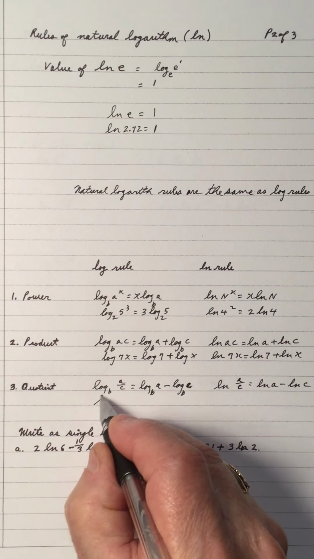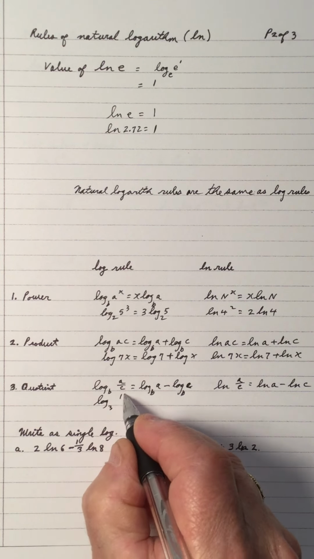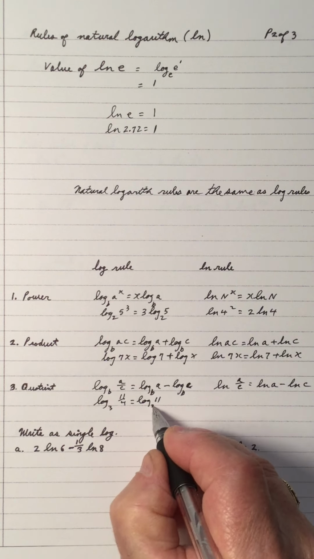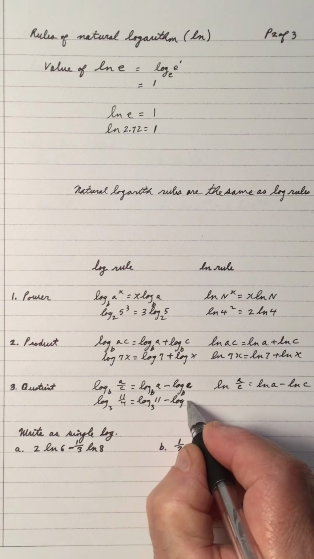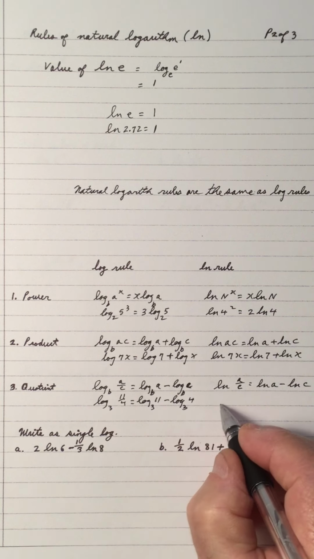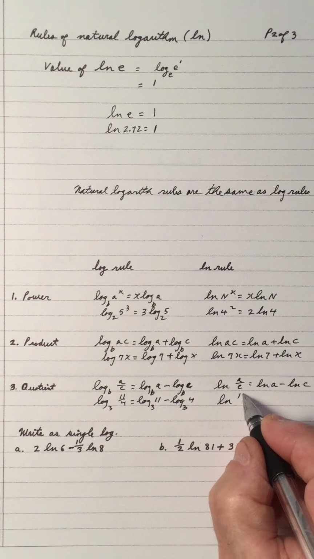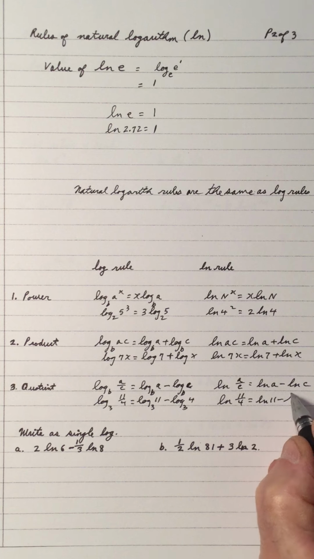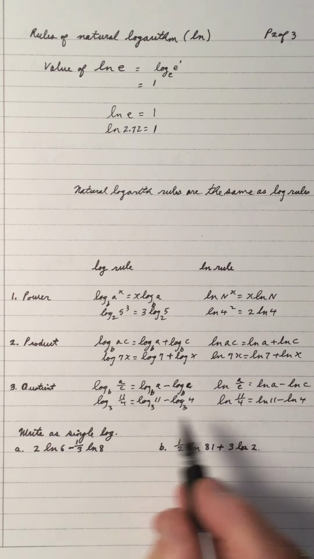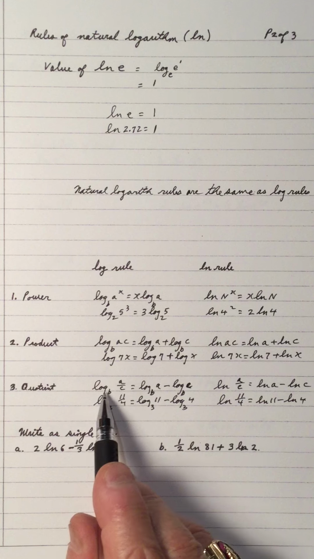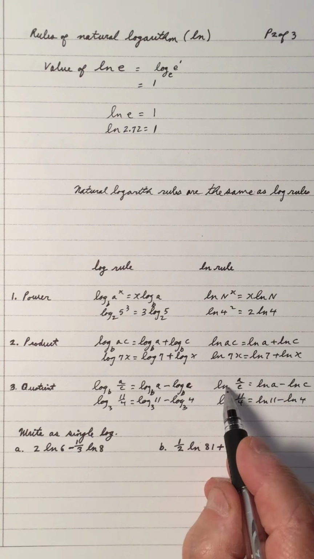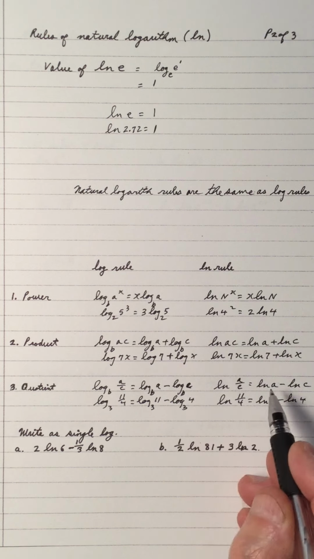So the log of 11 over 4 is the log of 11 base 3 minus the log of 4 base 3. And the ln of 11 over 4 is the ln of 11 minus the ln of 4. So the log of a quotient is the subtraction of logs. The ln of a quotient is the subtraction of the lns.